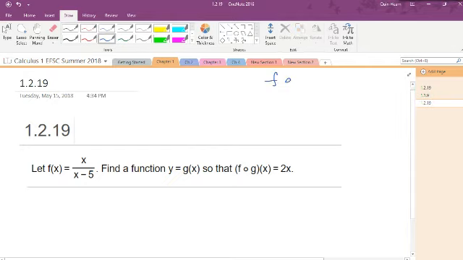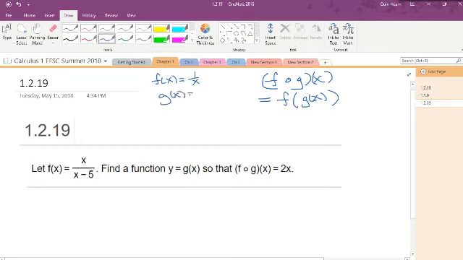F composed with g of x is actually saying take f and plug g of x into it. So for example, if your f of x were 1 over x and your g of x were, say, the square root of x, then we would take f and we would plug in the square root of x.